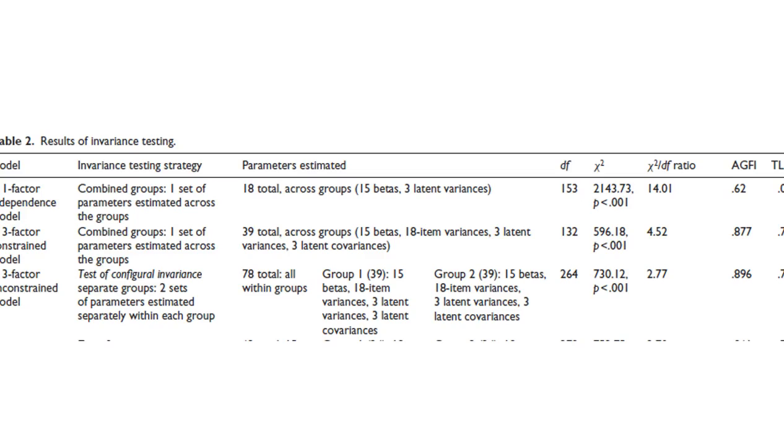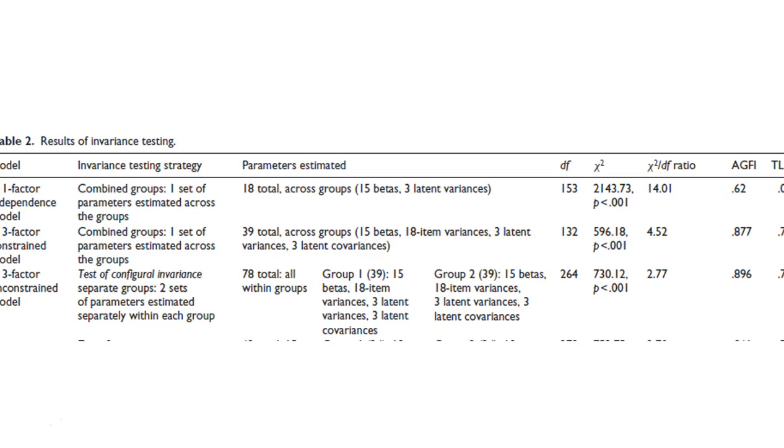And you can see the degrees of freedom is what we just said, 132, which is 171 minus 39. The chi-square is very, very huge because this was a large sample. So the chi-square to degrees of freedom ratio is there, and it's 4.5, which is not great. And then you can see there's an AGFI, and there's some other fit statistics. So this paper is available to you if you want to take a look at it.